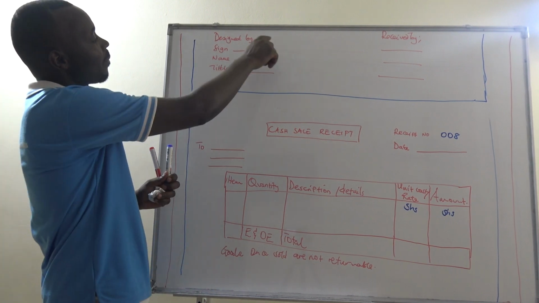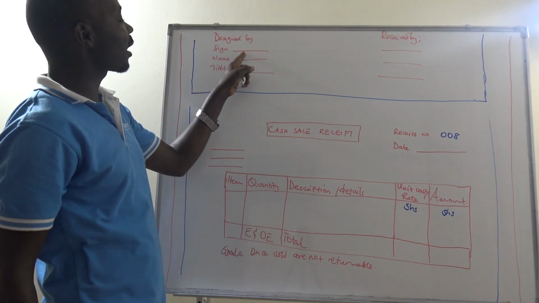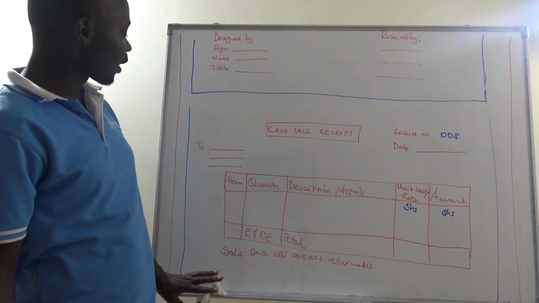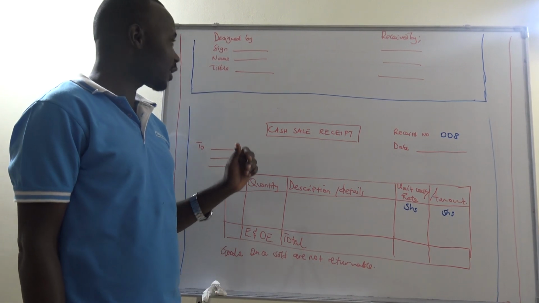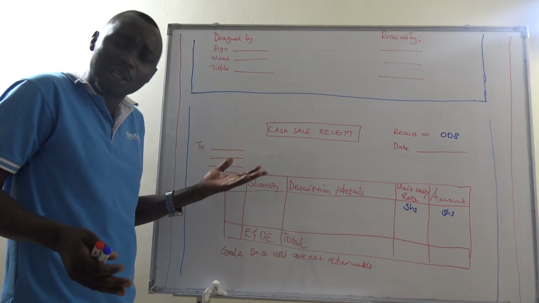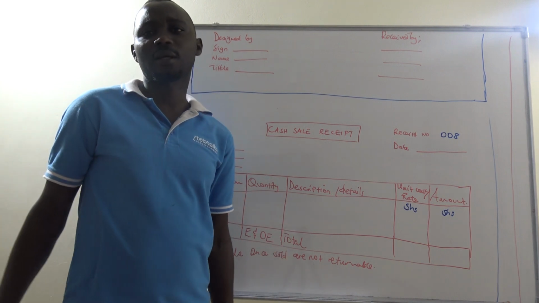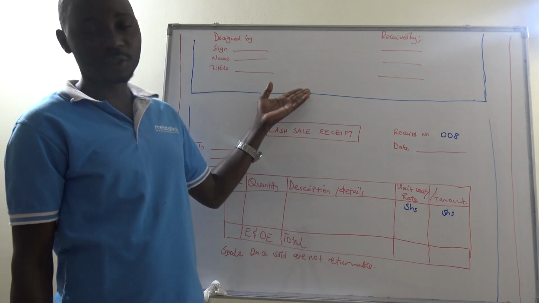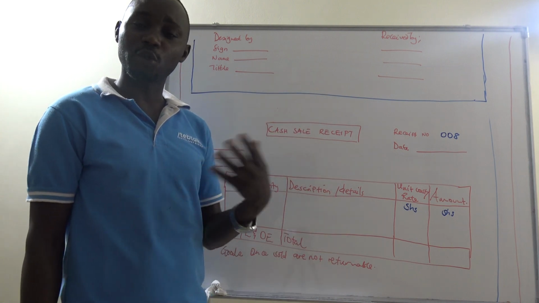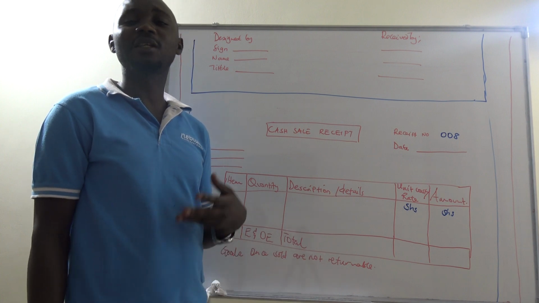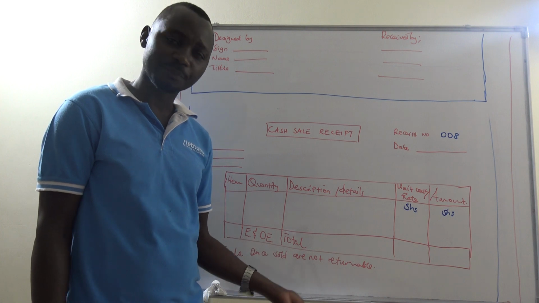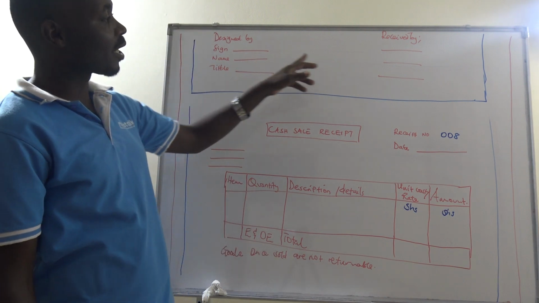So after "designed by", you are not supposed to put there your signature, your name, or your title, because the customer has not yet come. You may be the one who did this, but by the time the customer comes, the company has already terminated your services, or you have been promoted or demoted, or anything can happen, or you may not be around. So that's why we put these dashes there.